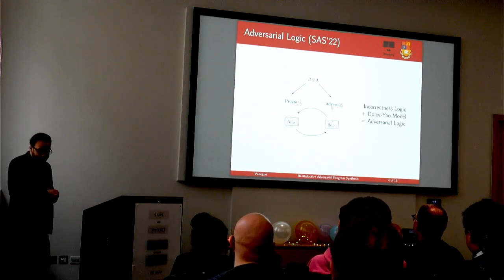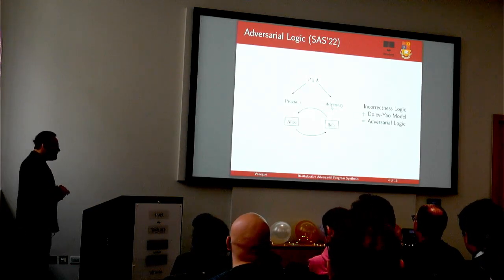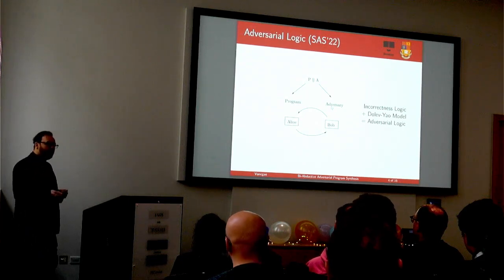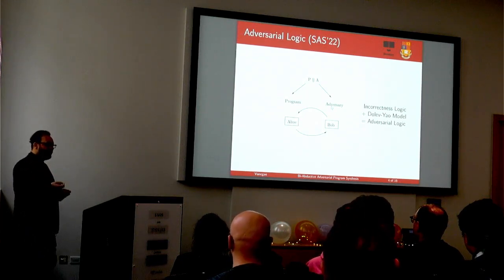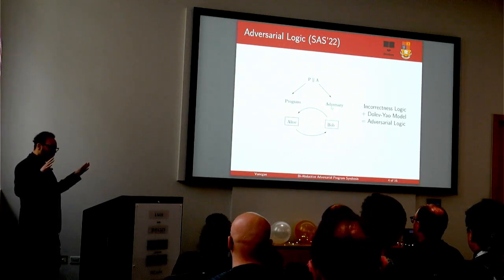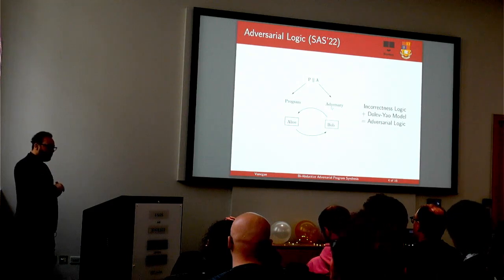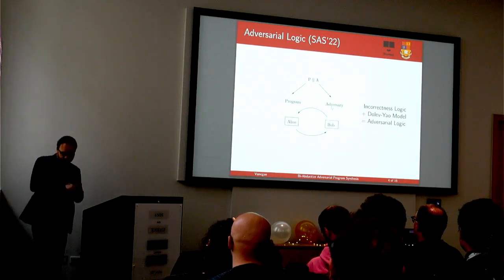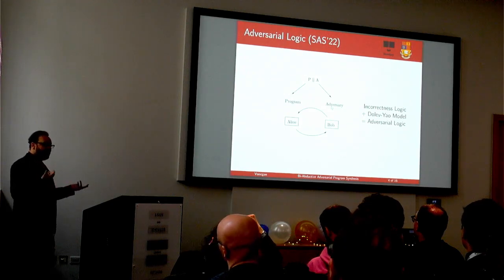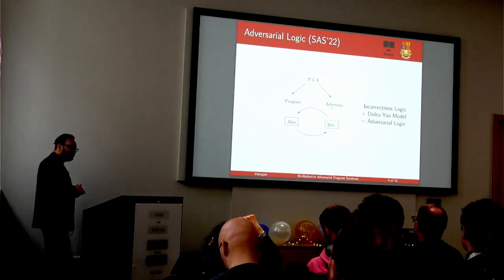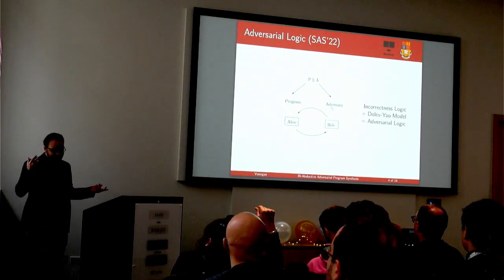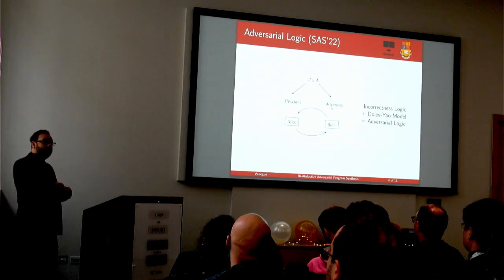Those are the research questions that will guide you throughout this talk. I've been thinking about that for quite a number of years, and after incorrectness logic came along, I really had this click, and I thought, oh, that's really what I need to work on. It's really a framework I want to adopt for something I call adversarial logic, published at SAS a couple of years ago now, where I mixed incorrectness logic and the Dolev-Yao model, which is originally adopted to study the security of cryptographic protocols, where you have this active attacker within the formalism.